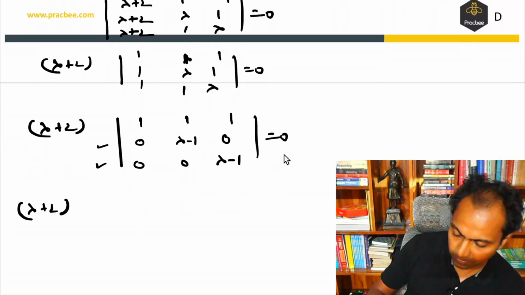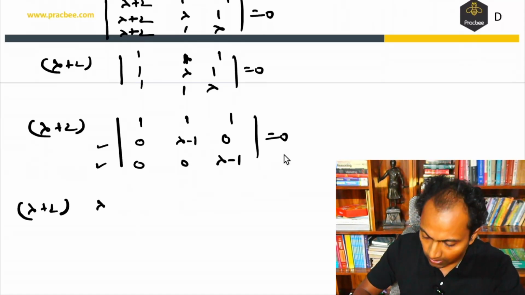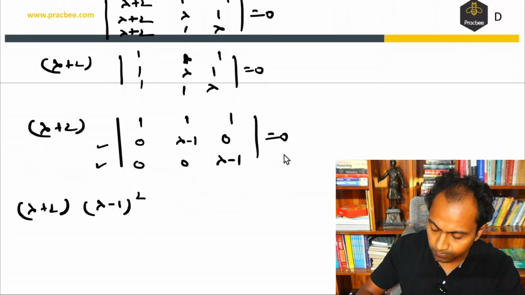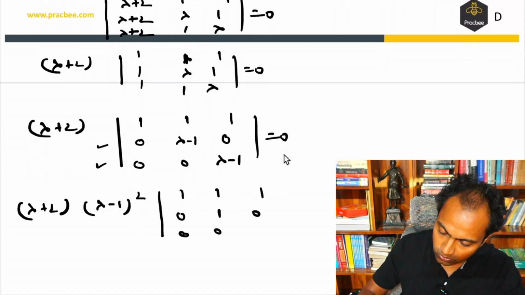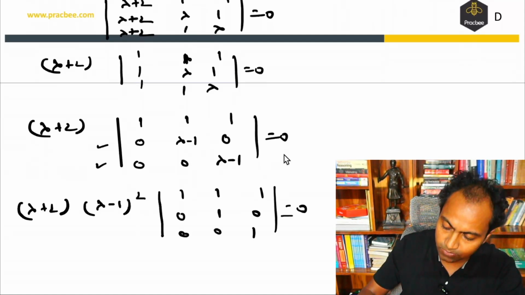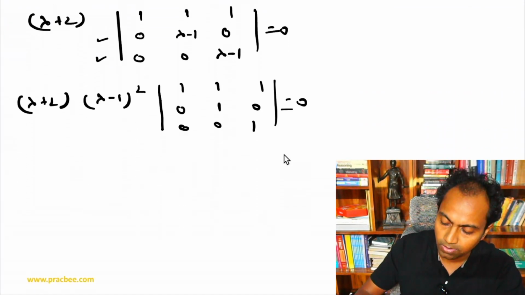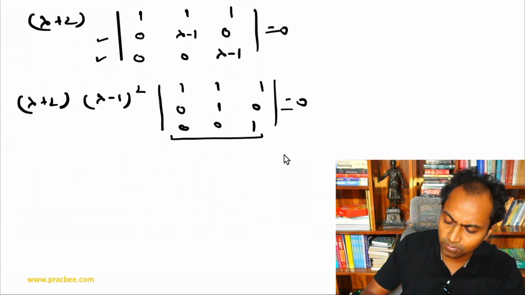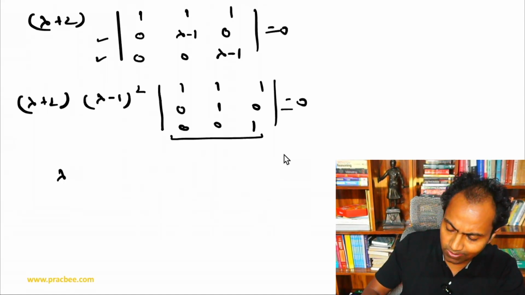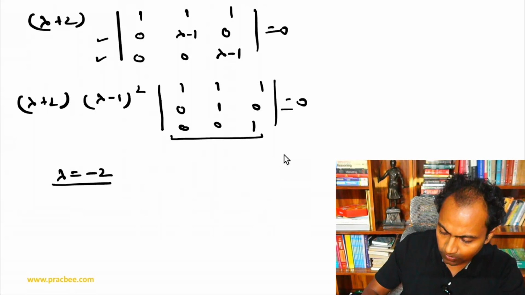So this is lambda plus 2 and lambda minus 1 whole square. And what we are left with is 1, 1, 1, 0, 1, 0, 0, 0, 1. Now this can be easily expanded along the third row, it would be easier. So the answer will become nothing but 1. So what we can see is the values of lambda that are possible are minus 2 and 1.